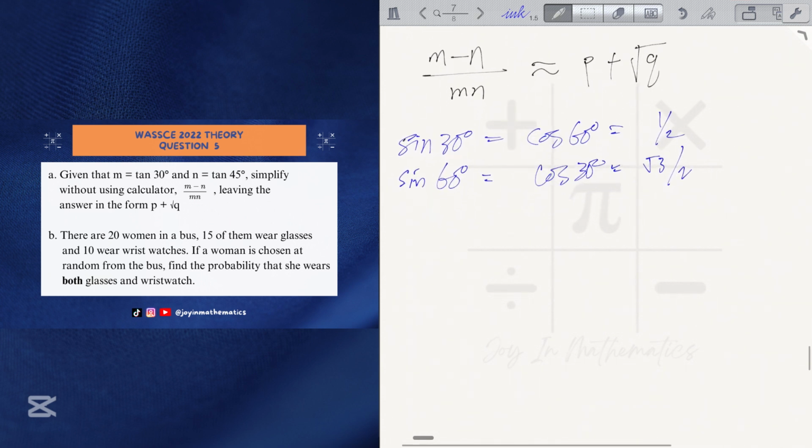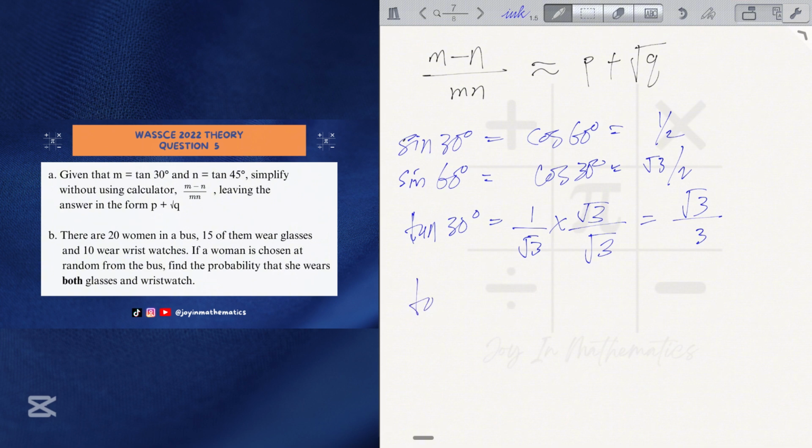In the same vein, we established that tan 30 degrees is equals to 1 over root 3, and in short expression, we don't leave this as roots at the denominator. So when we rationalize, that means when we multiply the numerator and denominator by root 3, we will have root 3 divided by 3.